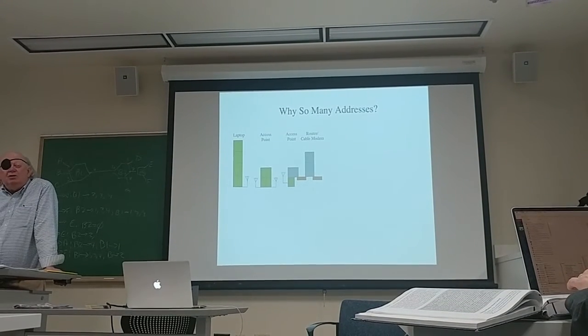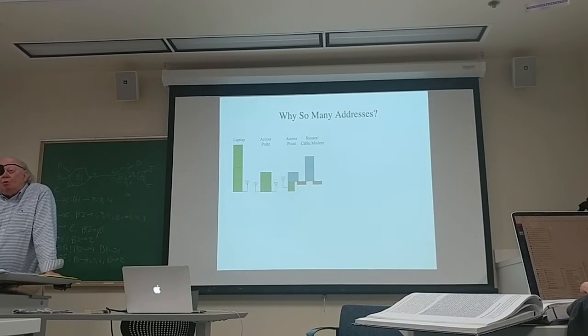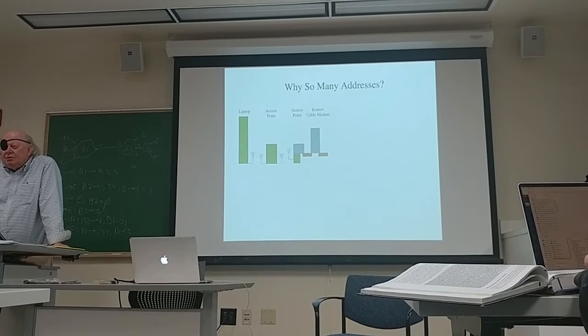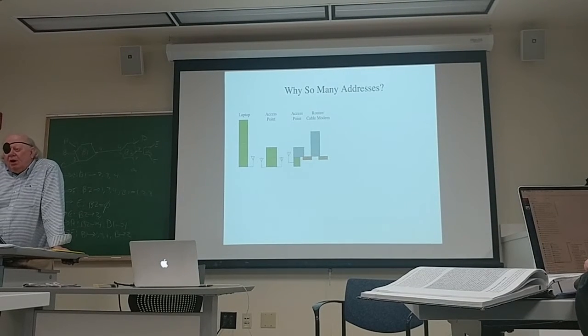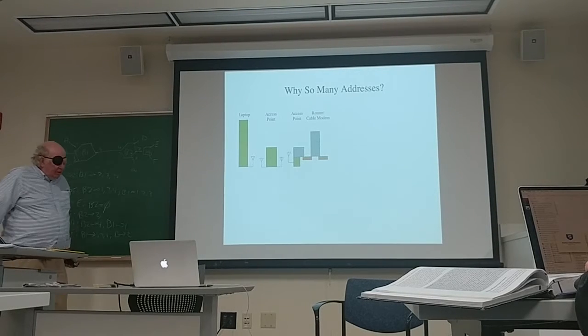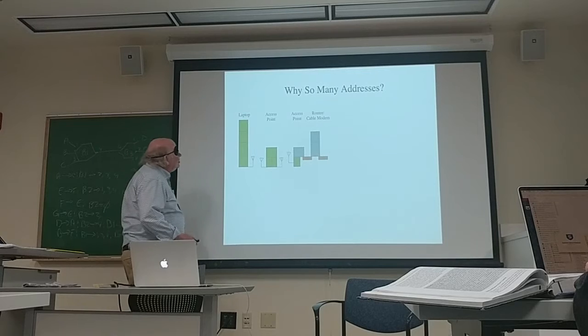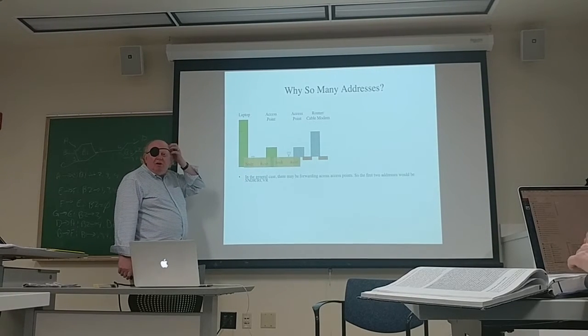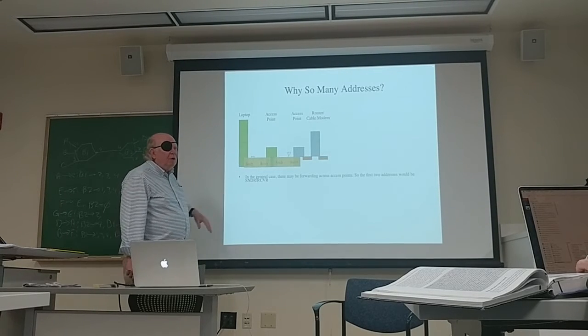So in that case, 2 of those addresses are always going to be the same, so they only send 3 addresses. But if you're relaying from access point to access point, you've got to tell it where it's going. So what we're trying to do here is simulate an Ethernet over the top of the relay.